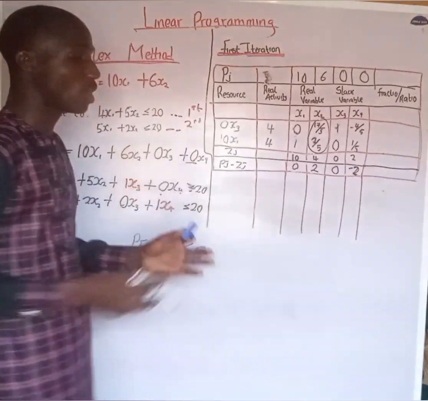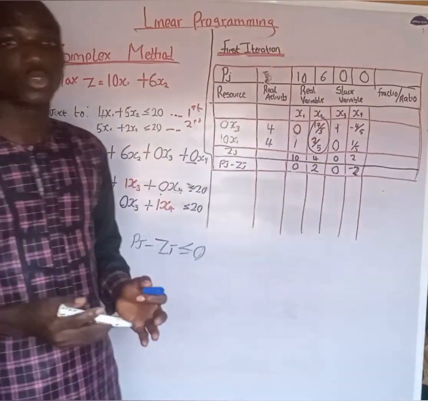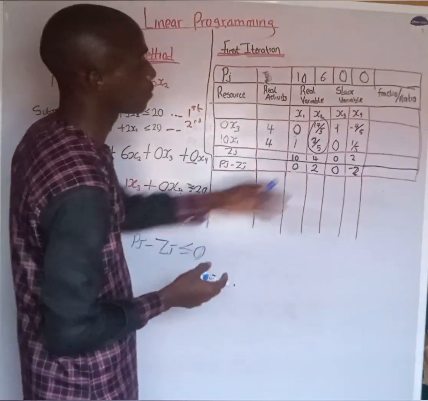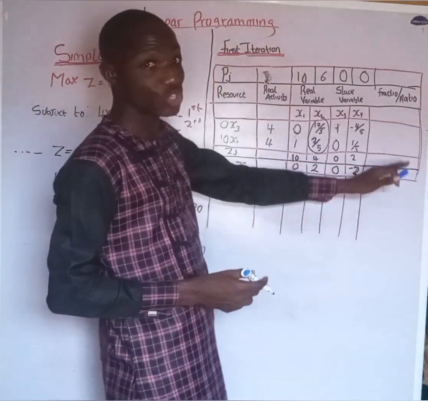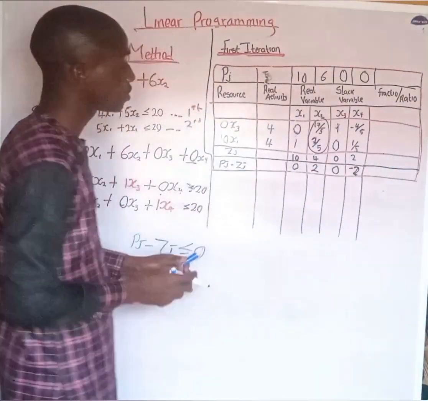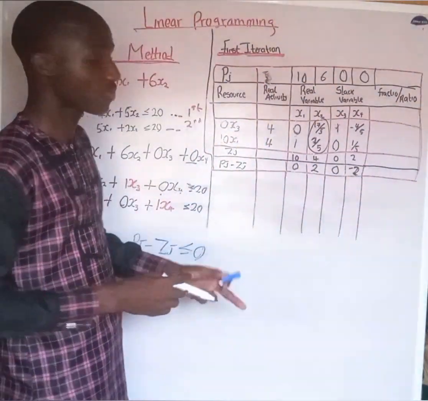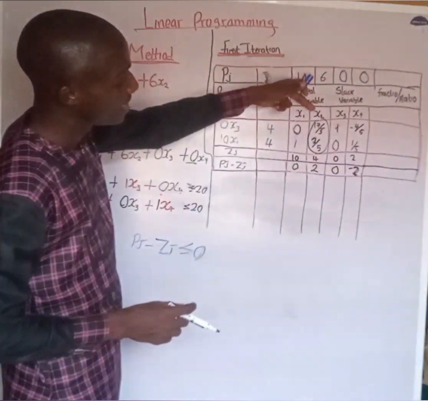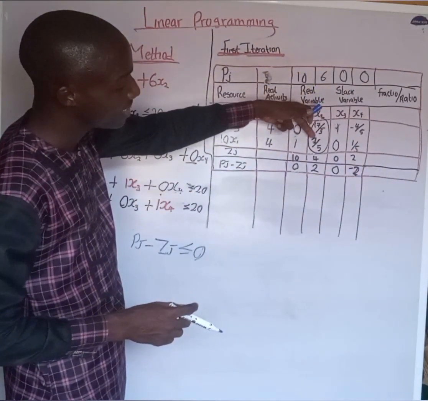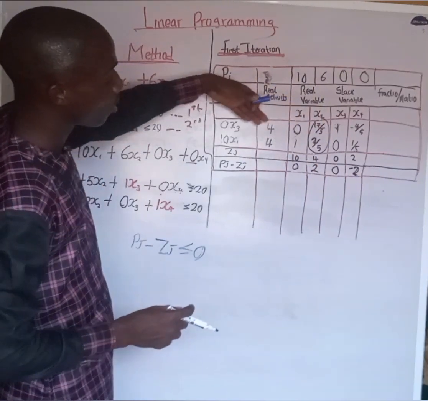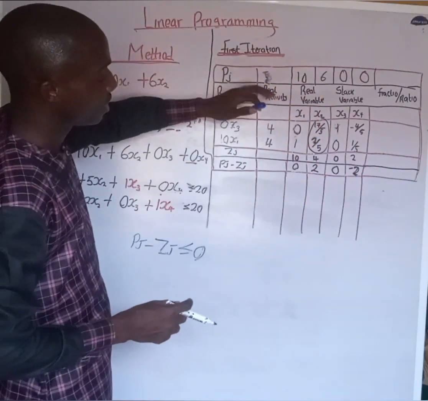Now you have to find the key row so that we can determine our key element. But in order to find the key row, I have to find the fraction or ratio first. So that's what I'm going to be doing now. Don't forget that in order to find the ratio, we divide the real activity by the corresponding element in the key column. That is 4.